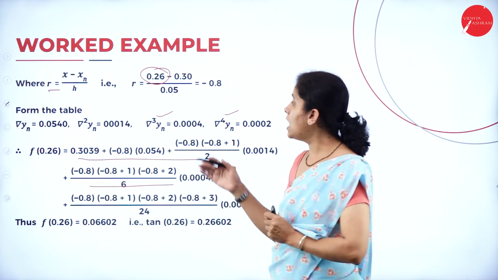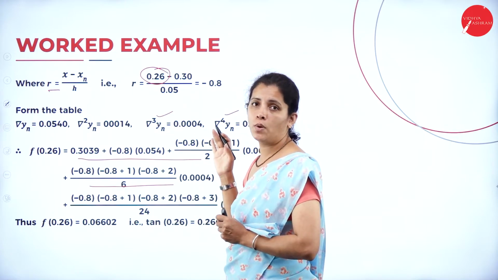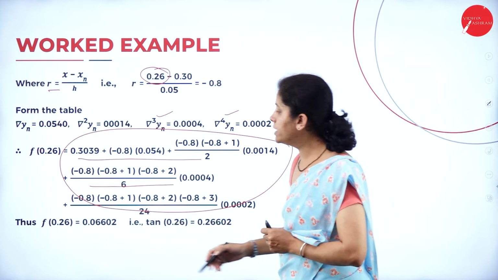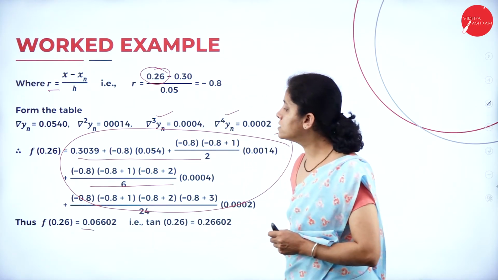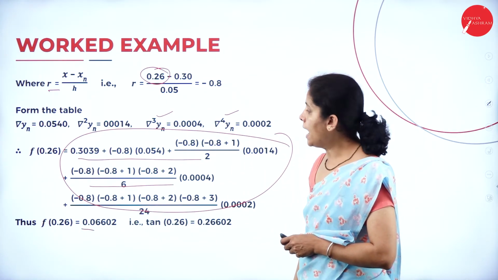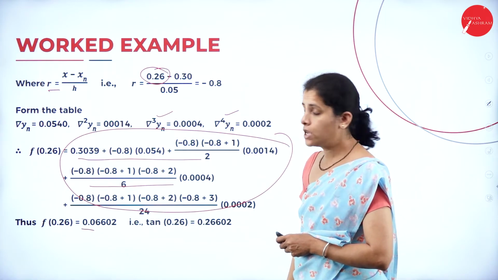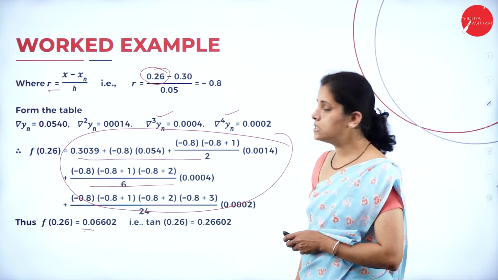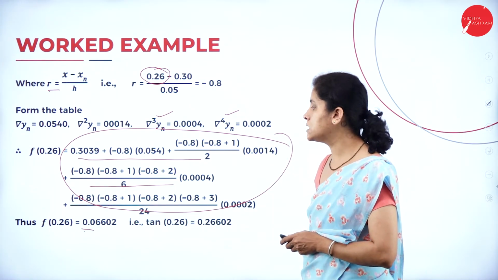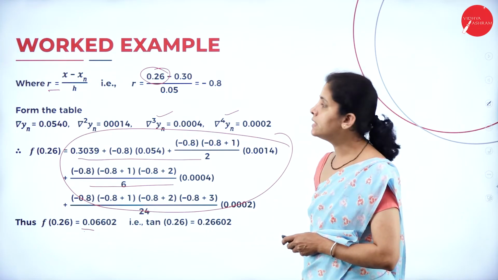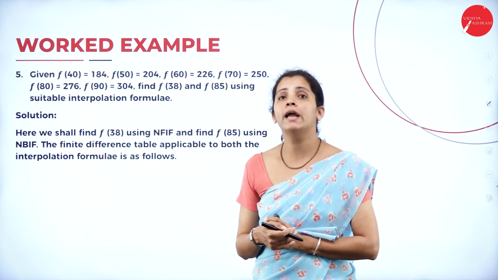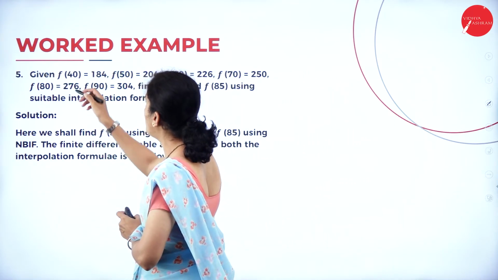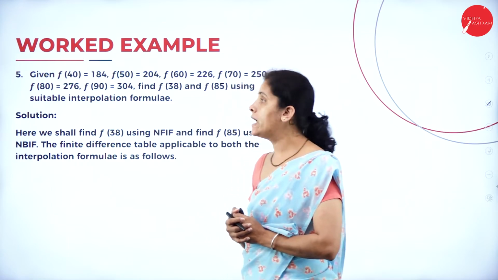So, dear student, after substituting all these values in this formula, I'm going to get the answer 0.0662, and when x equal to 0.26, what is my value? That is 0.06602.